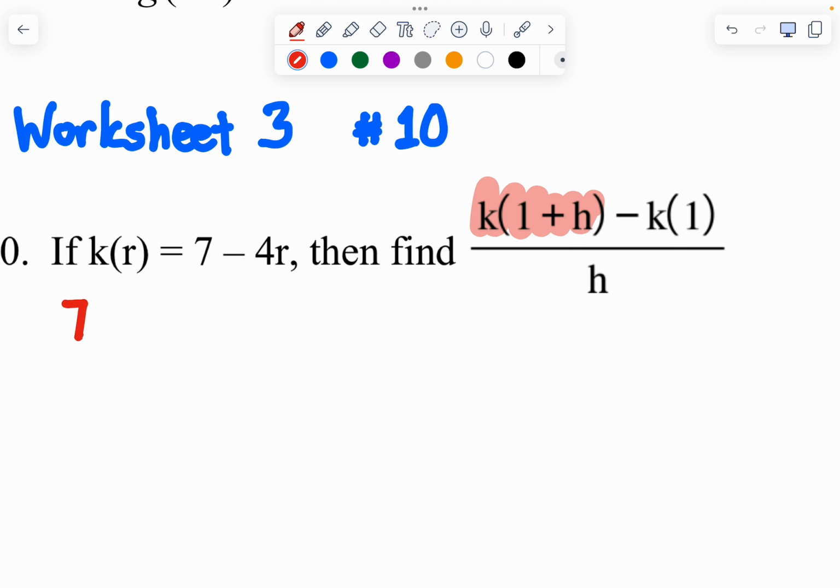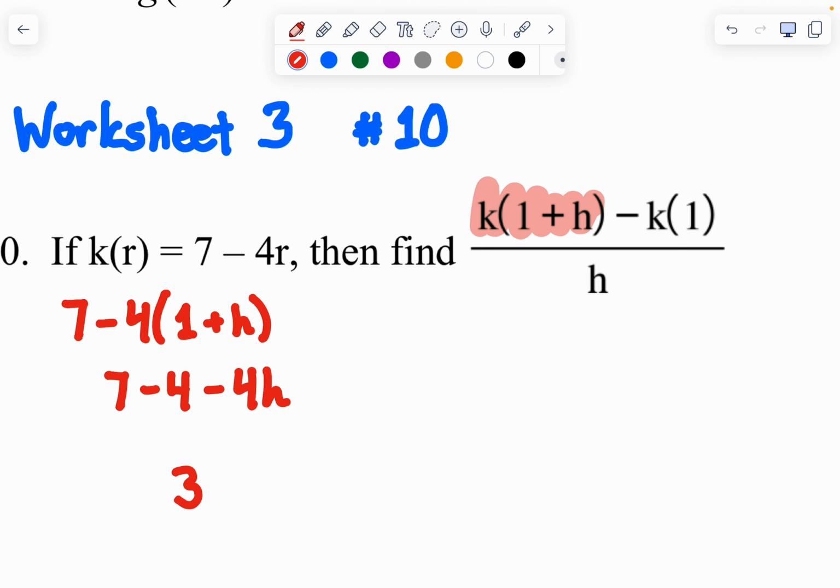And I'm going to take this function 7 minus 4 times r, and we want to replace that r with 1 plus h. We're going to distribute that, so we get 7 minus 4 minus 4h, and then this will turn into 3 minus 4h.